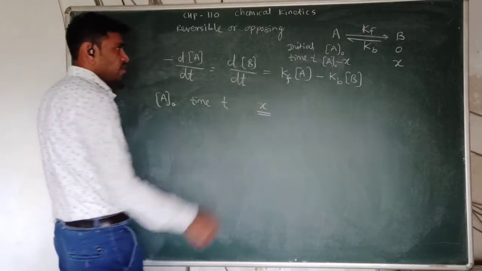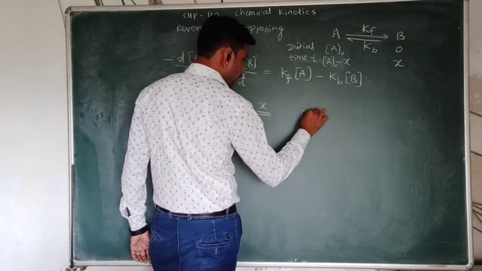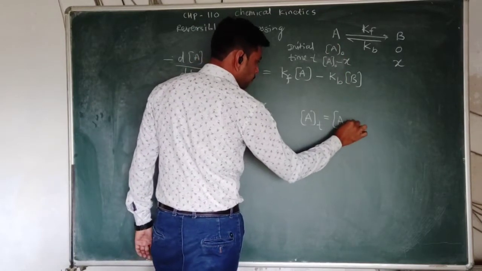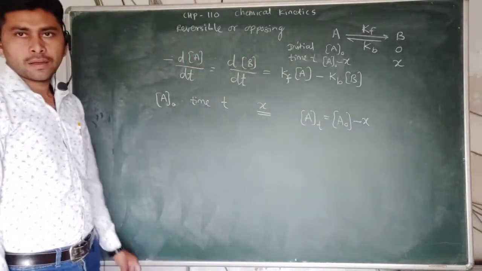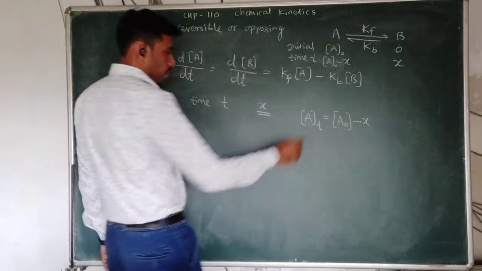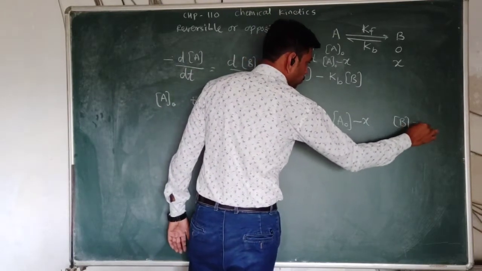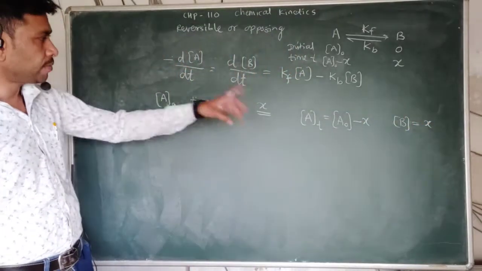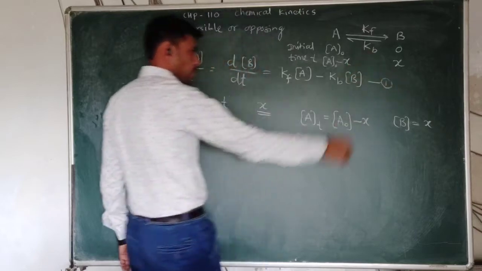By considering this, the concentration of A at time t is A0 minus X, remaining at time t, and the concentration of B formed at time t is equal to X. Suppose we consider this equation number 1.